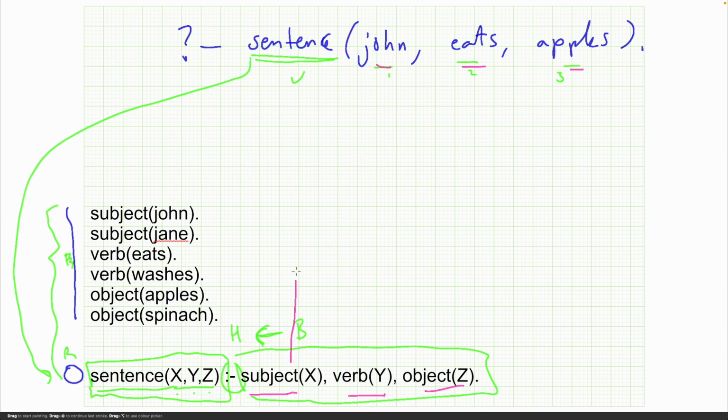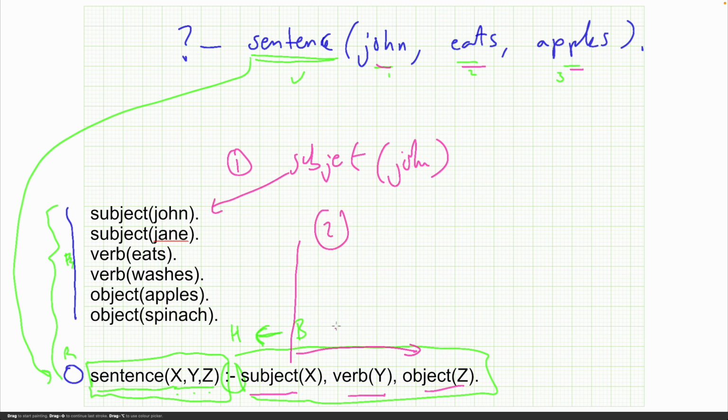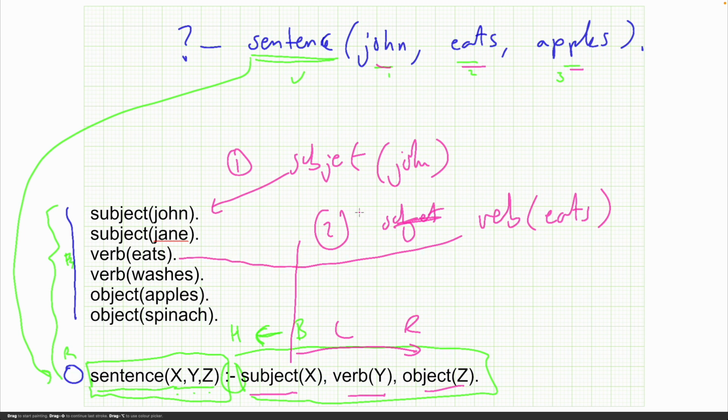And therefore, to prove this, subject, that's the first goal, subject John, that's easy enough because that's there. The next goal is, and remember it moves left to right, that's from last time. Subject, oh no, it's not subject next, it's verb eats, and that matches that one, so that's correct.